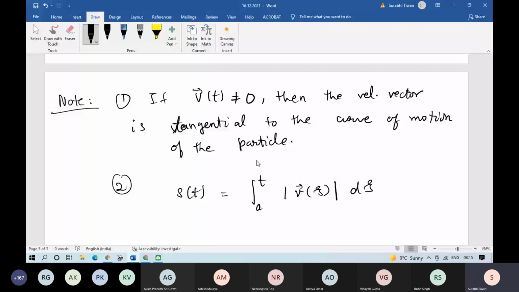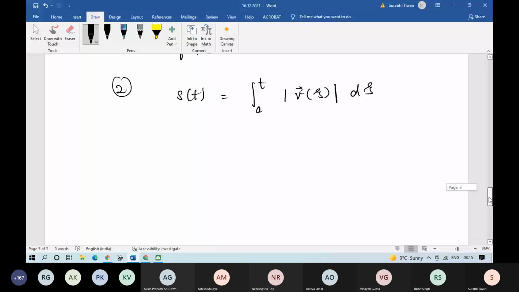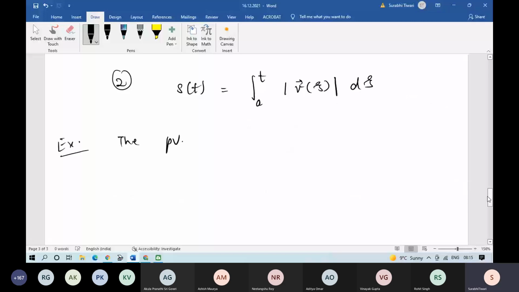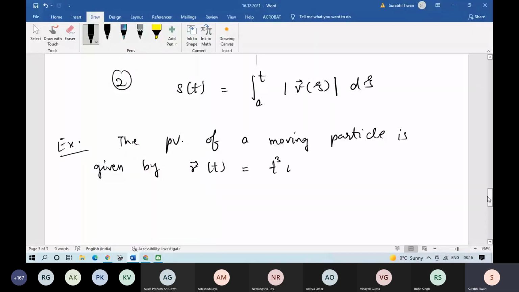Now write the question on this. The position vector of a moving particle is given by r(t) = t³i + tj + t²k.